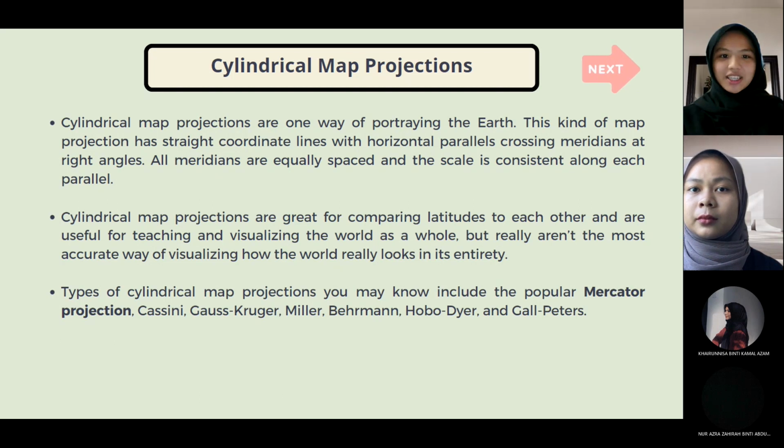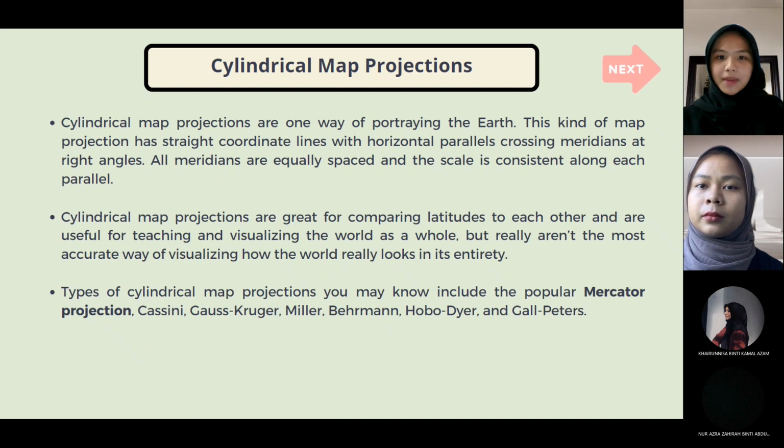Cylindrical map projections are great for comparing latitudes to each other and are useful for teaching and visualizing the world as a whole, but really are not the most accurate way of visualizing how the world looks in its entirety. Types of cylindrical map projection you may know include the popular Mercator projection, Cassini, Gauss-Krüger, Miller, Behrmann, Hobo-Dyer, and Gall-Peters.